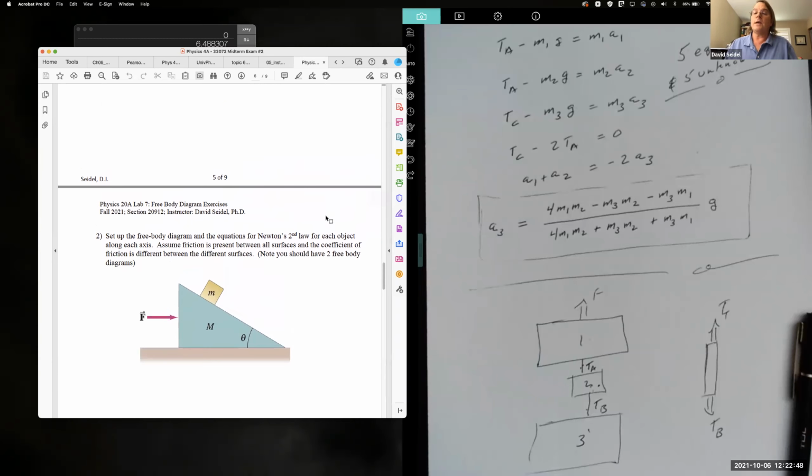Because if you don't get there now, it's going to get really, really hard as we move on. We can get through energy, but as soon as we get into angular momentum and torque and other elements, it'll get much more difficult. So I really want you to get that down.